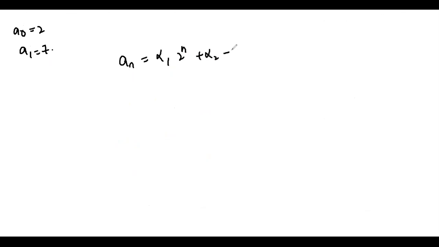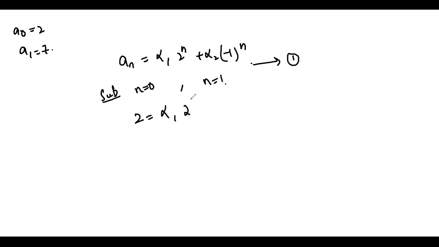So this was our equation 1 from our earlier slide. In this equation, substitute n is equal to 0 and n is equal to 1. When we substitute n is equal to 0, what is the value of A0? It is 2. Let me just replace it with alpha and beta, since I usually use those.